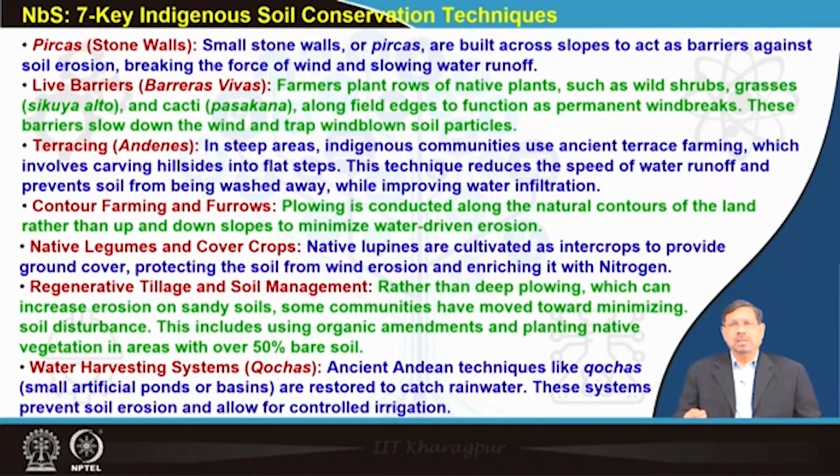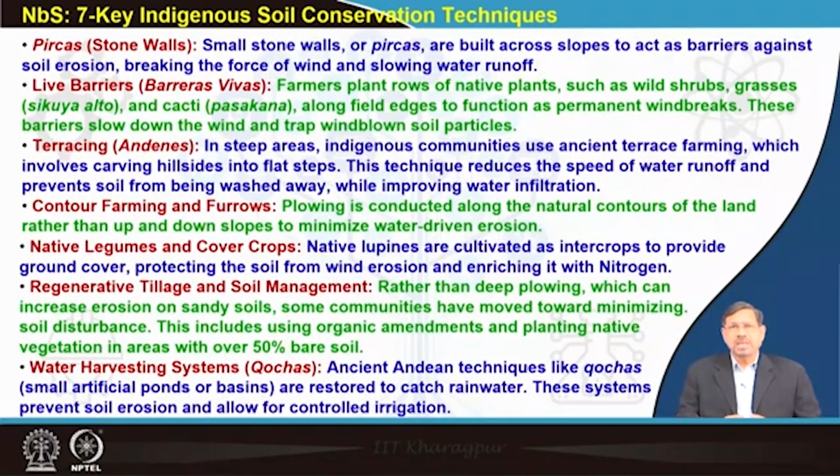That is also an indication that the landowners are different. But from the climate and soil conservation point of view, farmers also go for live barriers: rows of native plants, hedges, shrubs, grasses and so on.